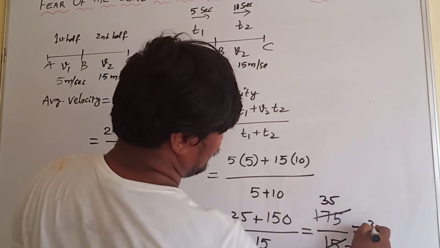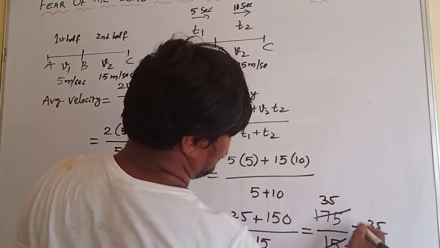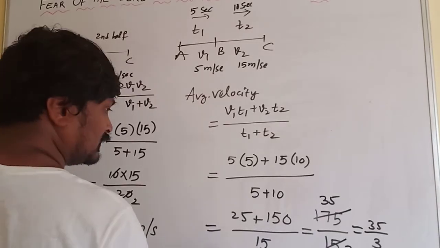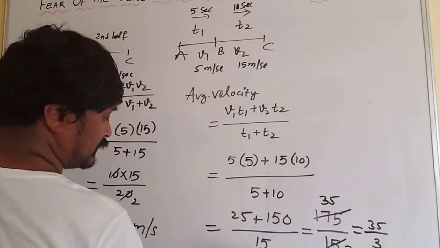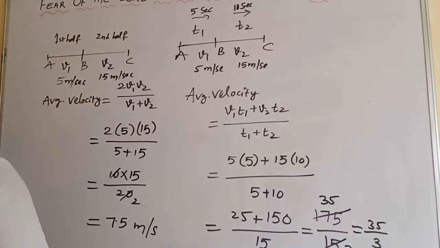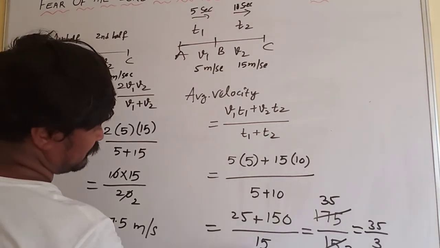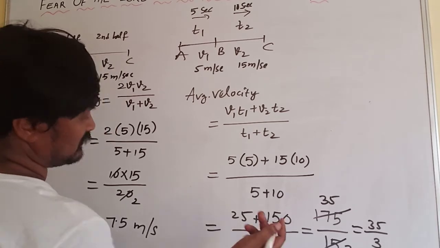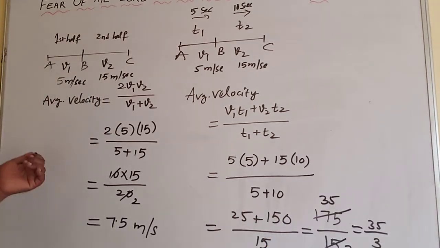You get 35 upon 3. So nearly you get 11.6 meter per second. Here the 6 also repeats. So that is about your other models, and let's move on.